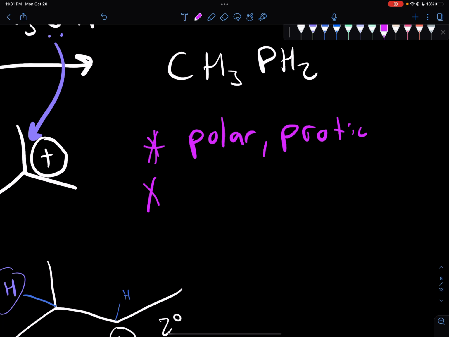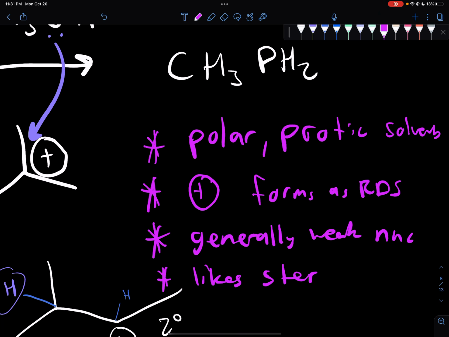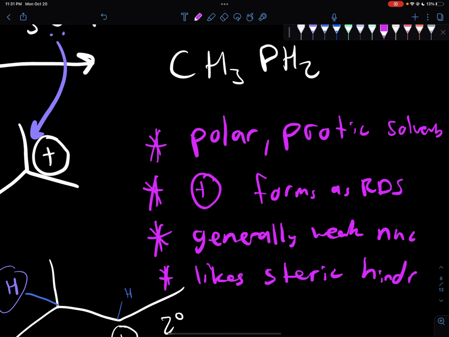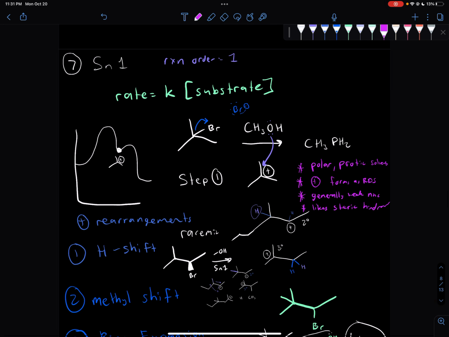So polar protic, carbocation forms as the rate determining step. You also have generally weak nucleophiles and it likes, I'm sorry for my bad handwriting, steric hindrance. That's pretty much it for SN1.